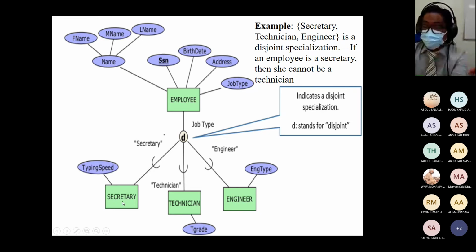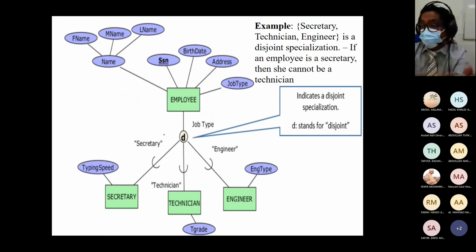The secretary could not be an engineer if he or she is just certified only as a secretary. But to tell you one thing, technician and engineer can be a secretary. You get my point? So some of the specialization might overlap, and some might not be overlapping or separate.